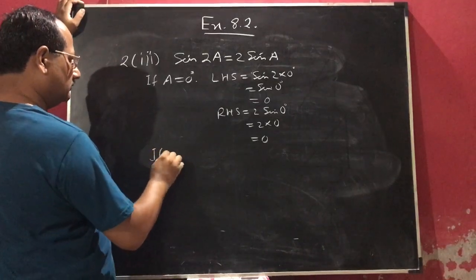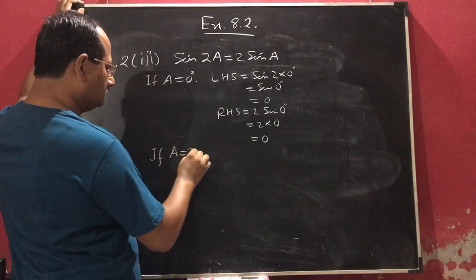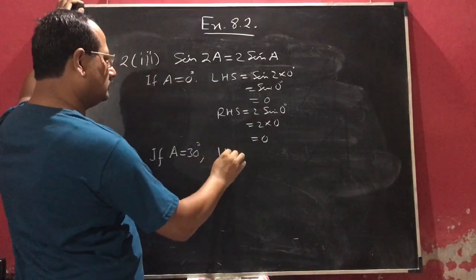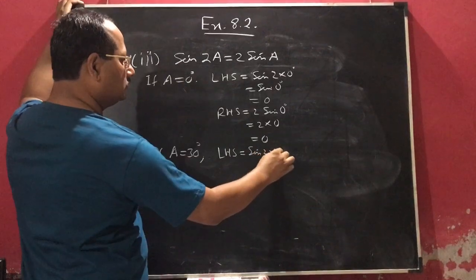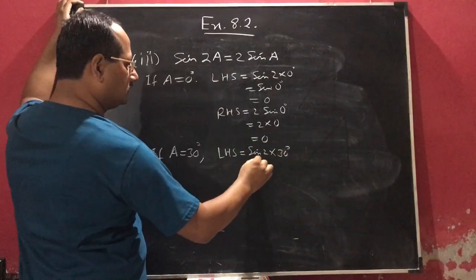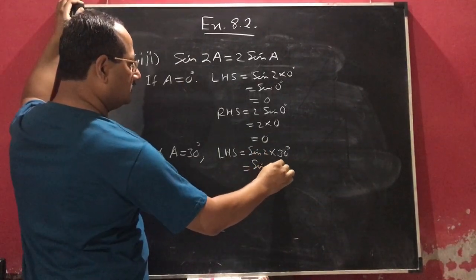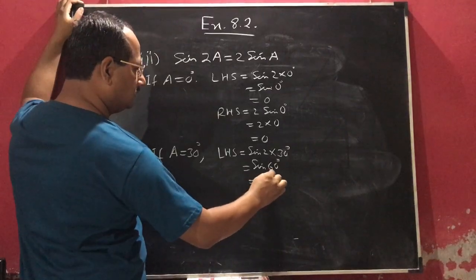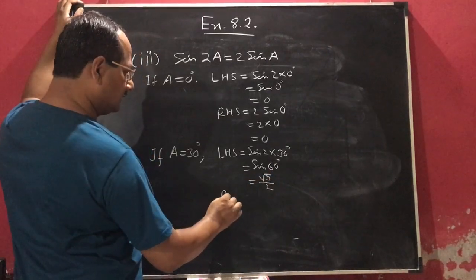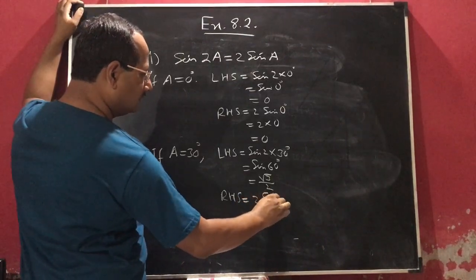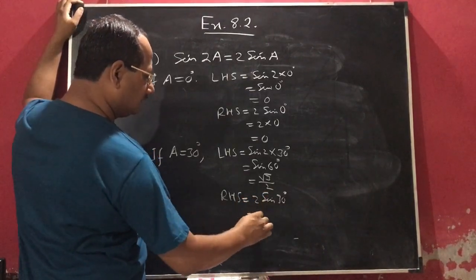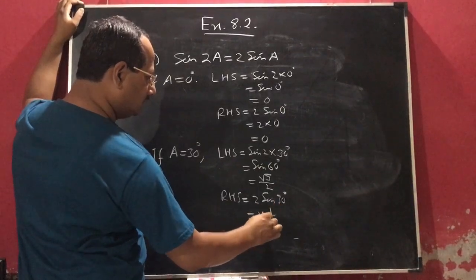If A equal to 30 degree, the left hand side equal to sine of 2 into 30, that is sine of 60 degree, that is equal to root 3 by 2, and right hand side equal to 2 sine 30 degree, that is 2 into 1 by 2, that is equal to 1.